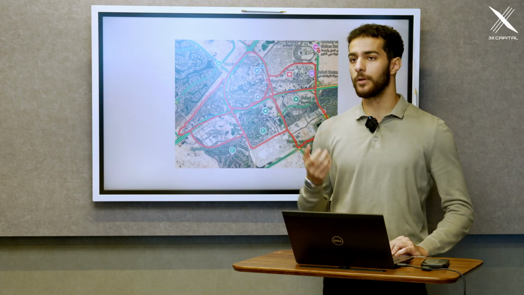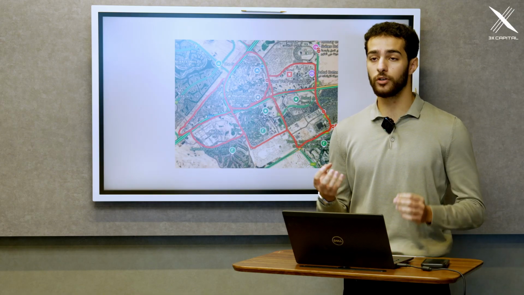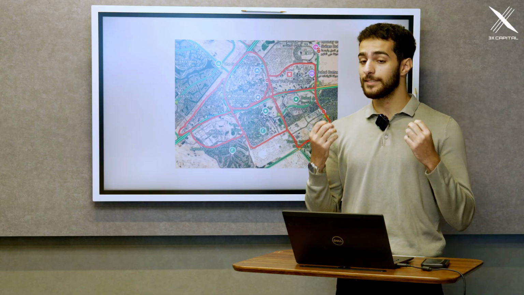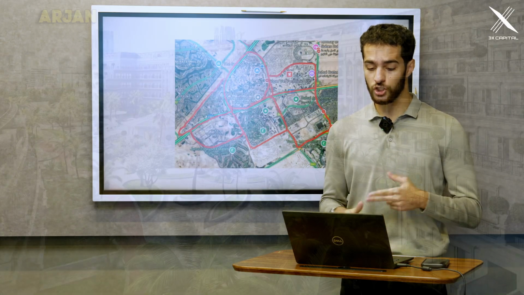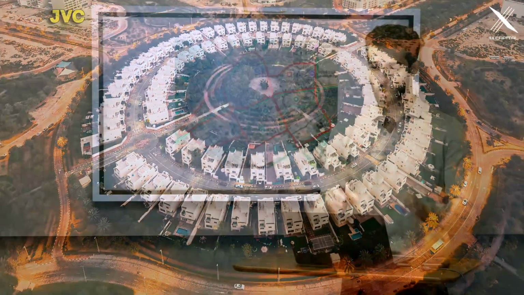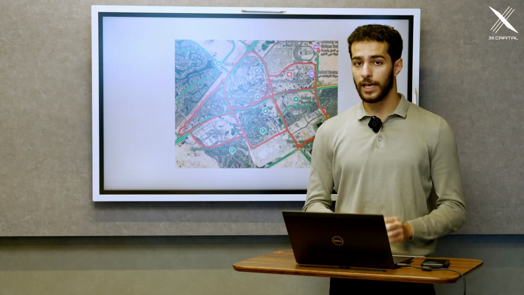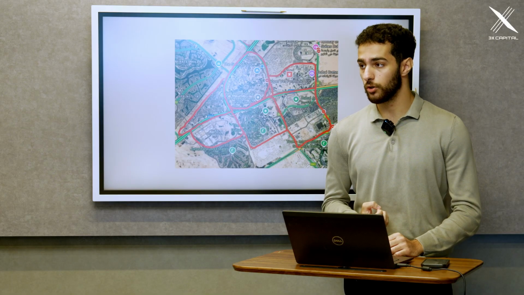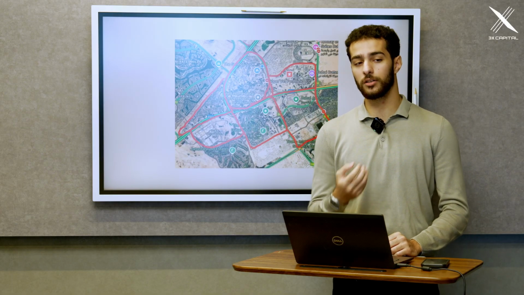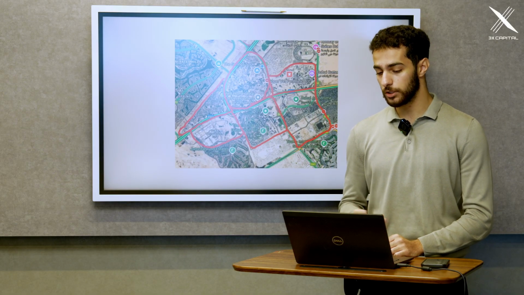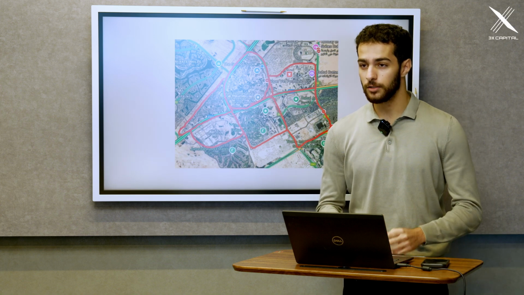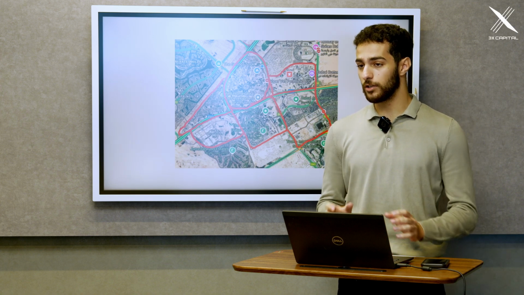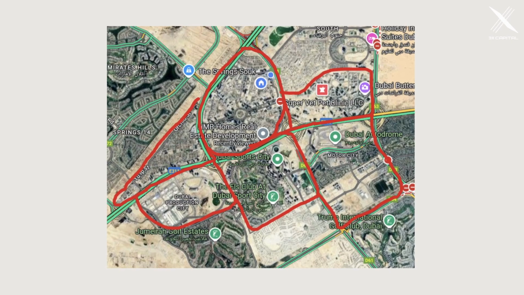A lot of times when people invest in the affordable segment, they invest in central locations, areas like Arjan, JVT, JVC, and all of these locations. These locations are good, but you have to be a lot more picky. Certain areas like JVC aren't necessarily the most desirable just because of the amount of supply. The only disadvantage with these areas is the number of competitors investing here.